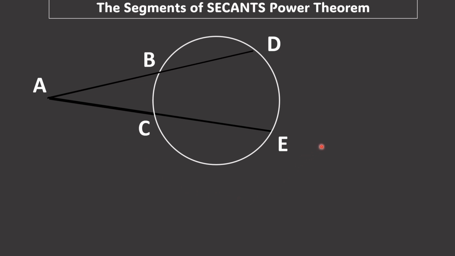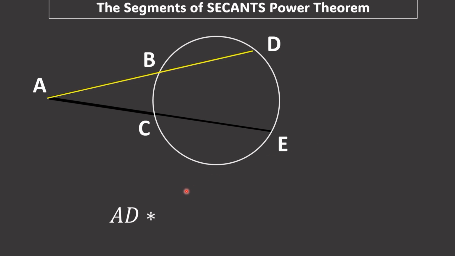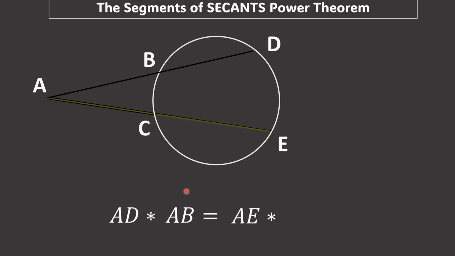In this illustration, secant segment AD times its external part AB is equal to secant segment AE times its external part AC.